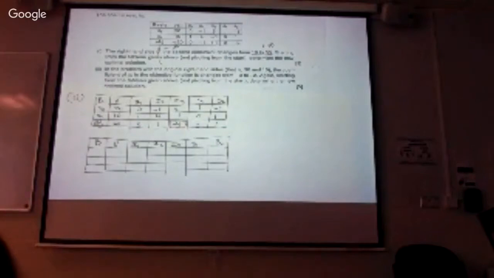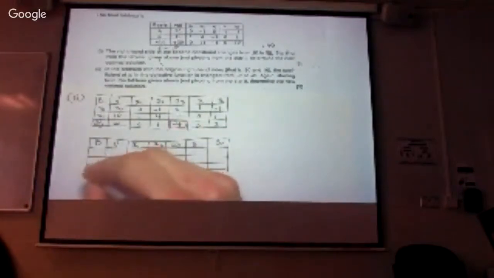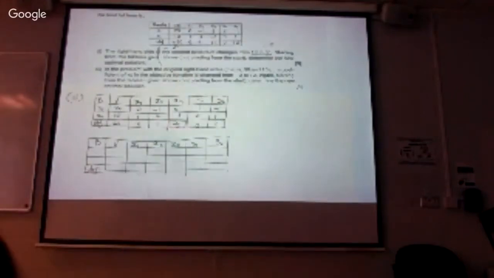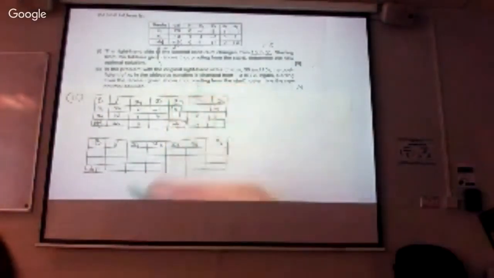So what do you need to do now? Where do you need to pivot? There. Which row? You're doing the ratio test. No, you need a positive pivot element in this column, so it can't be anything else than this one.